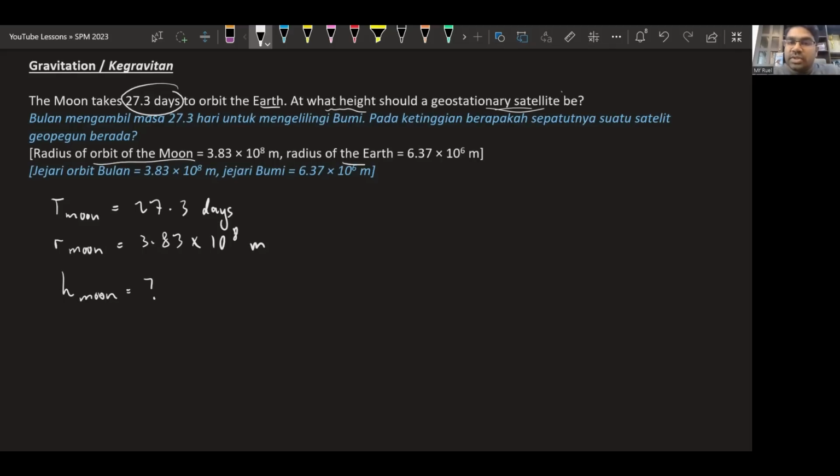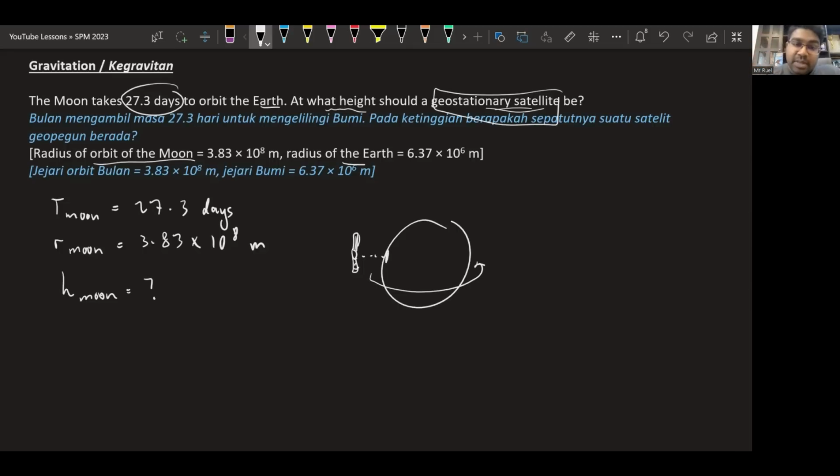Now, a geostationary satellite, of course, is a satellite that is stationary geographically. That means if the satellite is just above Malaysia, then it will always be above Malaysia. So for example, if this is the Earth, and this is Malaysia, and the satellite is here, the satellite will always remain here, even as the Earth is rotating on its axis.